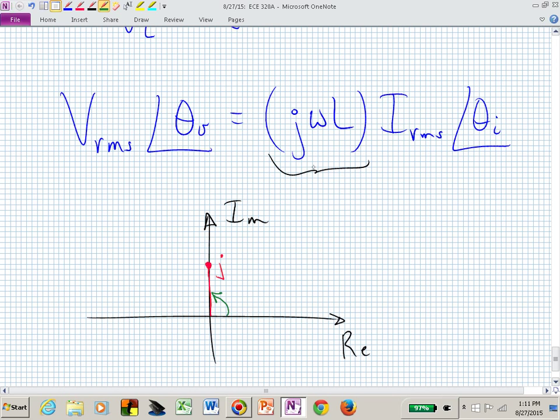So this now you could write as omega L at 90 degrees. Is that clear? We've now converted that rectangular complex number into its polar form. It has a magnitude of omega L at an angle of 90 degrees.